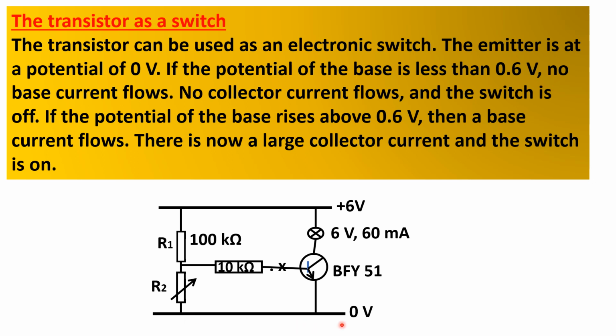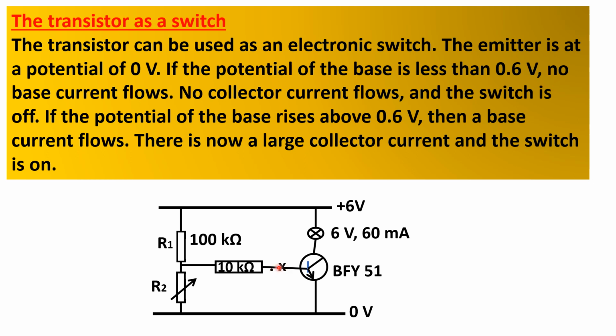When you say 0 volt terminal, that's understood to be the negative terminal. Since there's no resistance in this component, current will not go through the transistor, so it just goes straight. In other words, the current here at point X is 0, so there will be no base current.